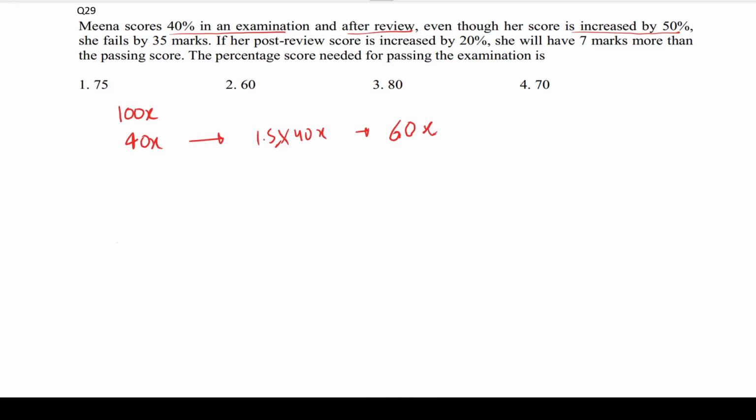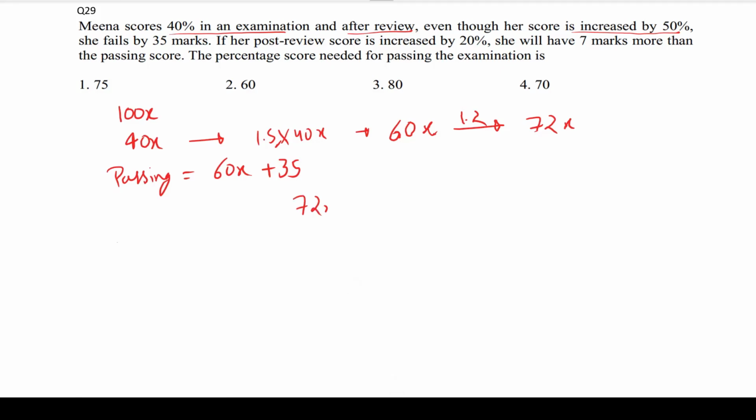Post review, her score is 60x. Still she fails by 35 marks. So passing marks is 60x plus 35. If her post review score is increased by 20%, this will be 72x. She will have 7 marks more than the passing marks.